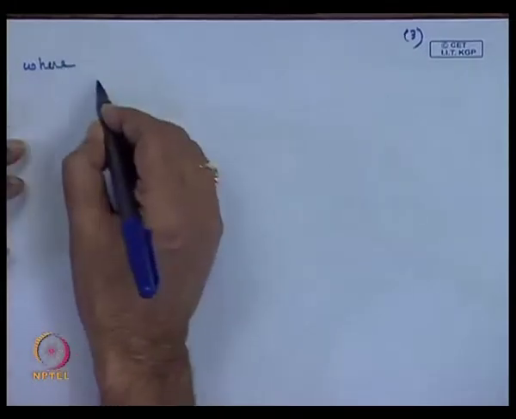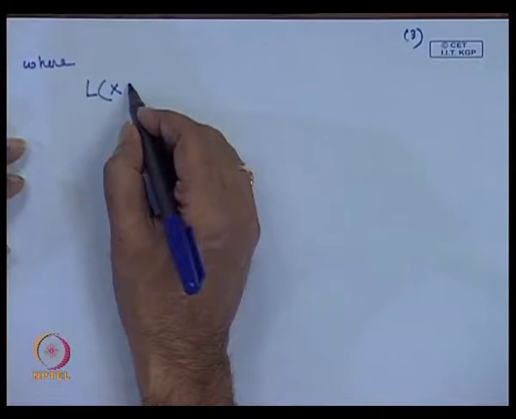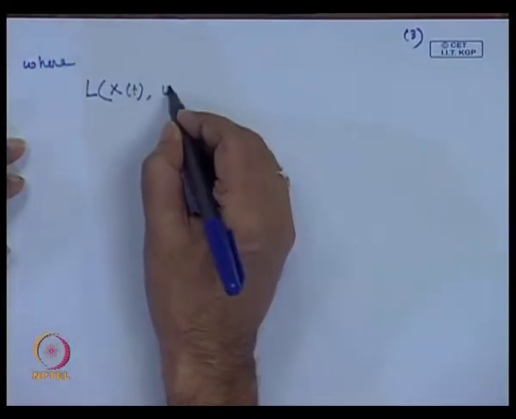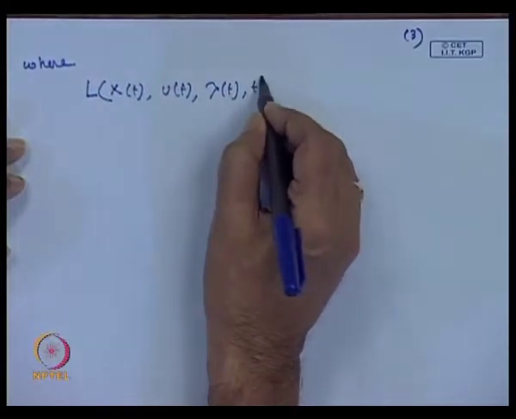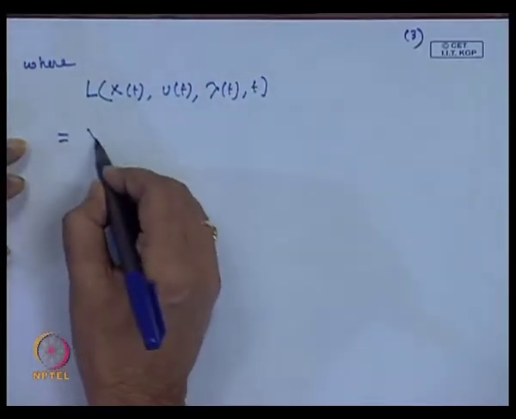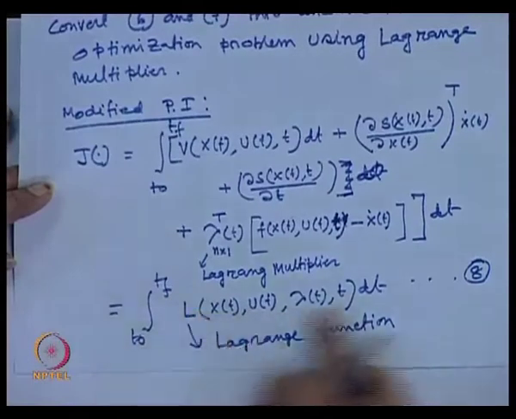L, which is a function of x of t, u of t, lambda of t and t, equals V, the integrand part of equation 8, which I am writing.